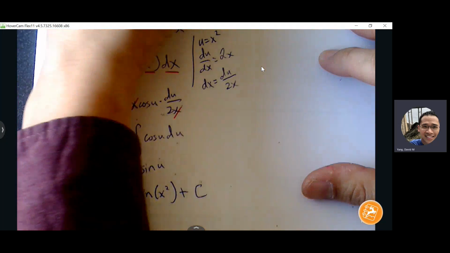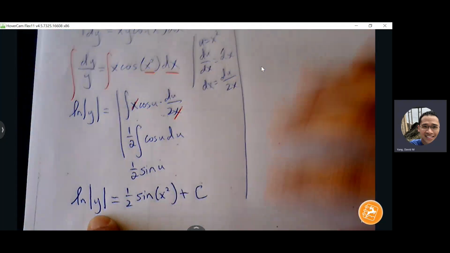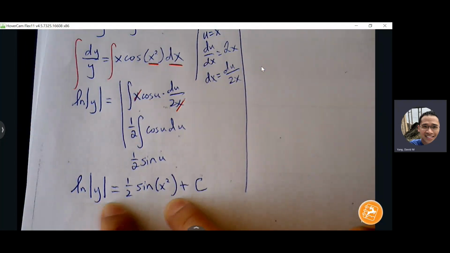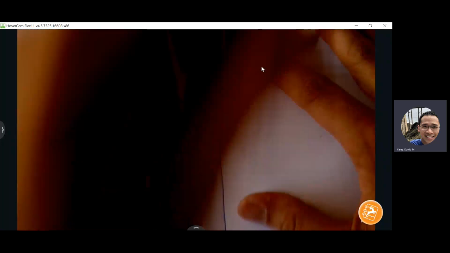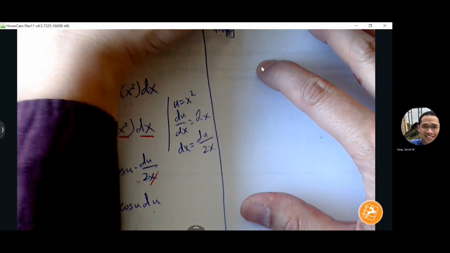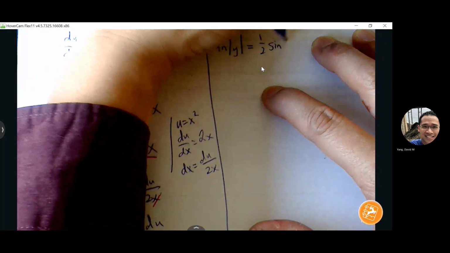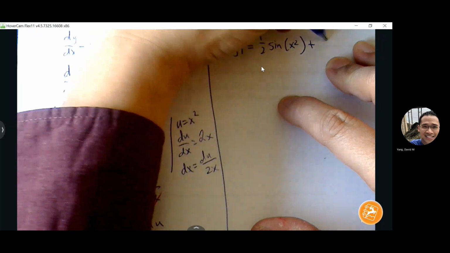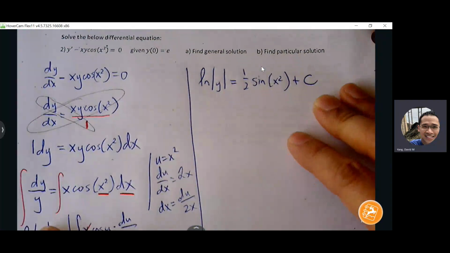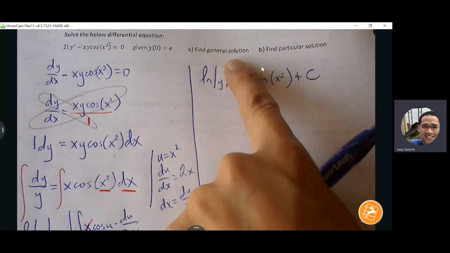Okay, let me reset and bring this up to the top again. So we're basically at the function level, right? We're done with the calculus. Now I'm just going to try to solve for y and try to get to my general solution.